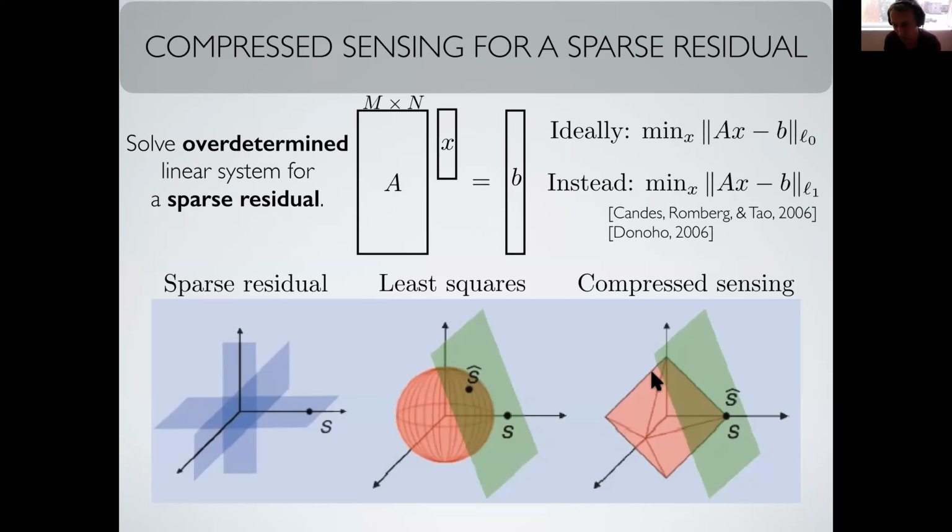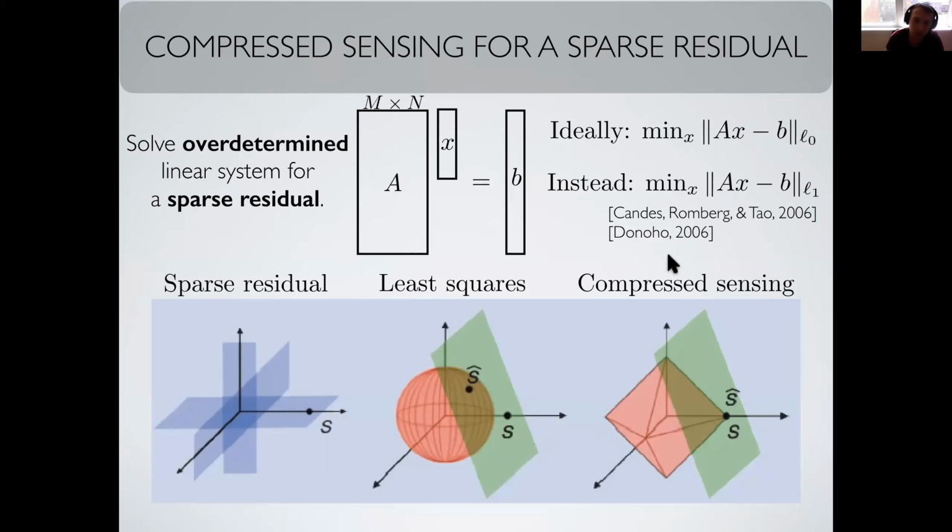But because the L1 norm is pointy, has this shape, as I try to move this hyperplane in, more often you might get this hyperplane touching on an edge and therefore returning a sparse residual.